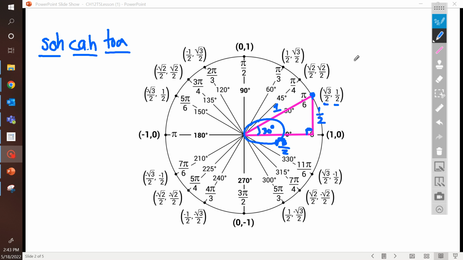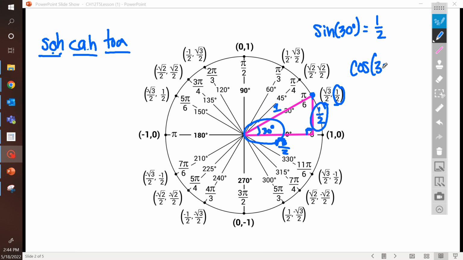If I wanted sine of 30 degrees, sine is the opposite side over the hypotenuse. The opposite side is 1/2 and the hypotenuse is 1, so 1/2 divided by 1 is 1/2. So sine of 30 degrees is 1/2, and that's just the y-coordinate here.